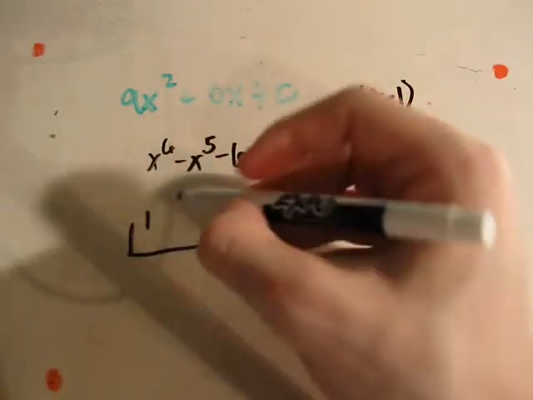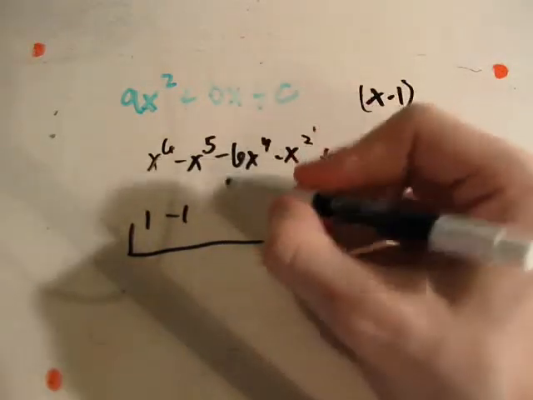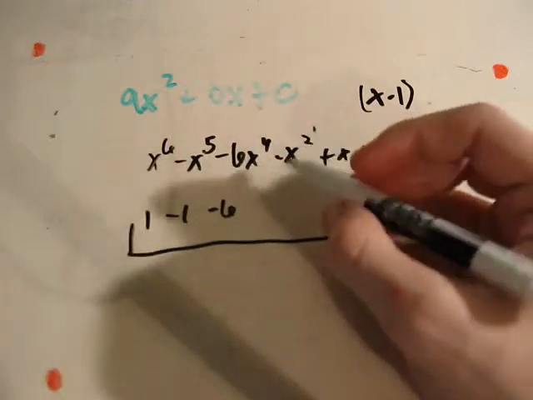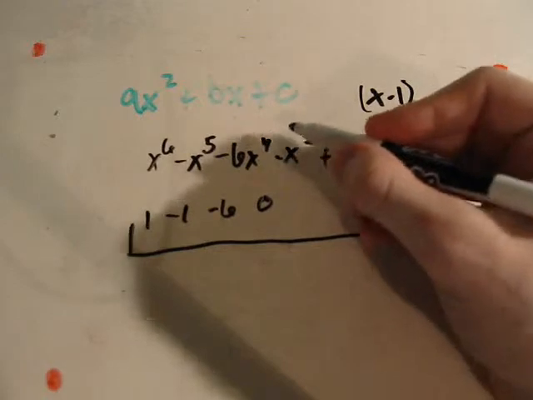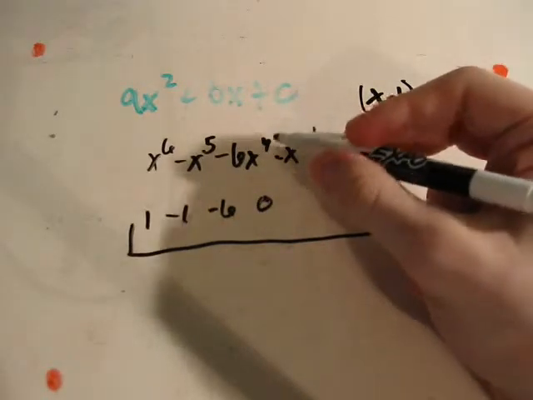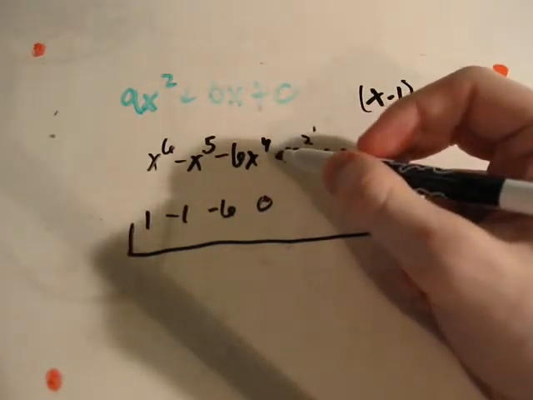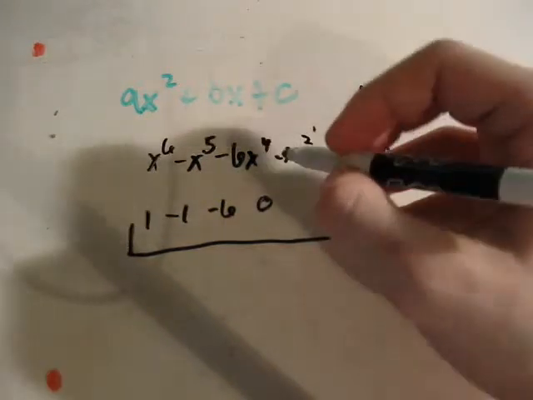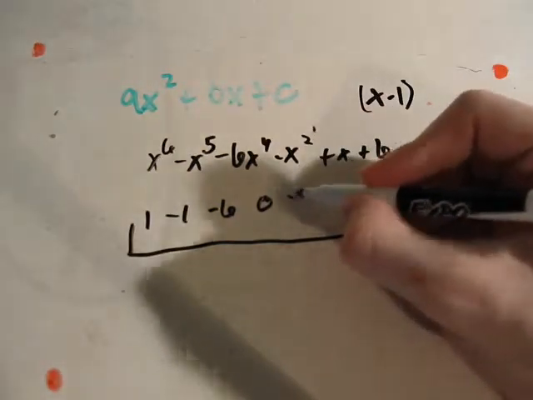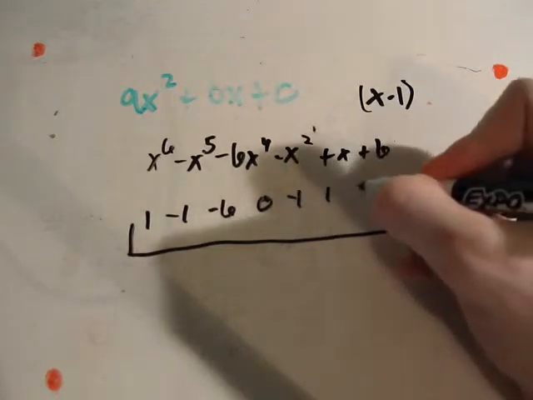So that'd be 1, -1, -6, 0. Remember, you've got to put them all in order, and if there are any missing ones, you still have to add those too, but you add them as 0. And then -1, 1, and 6.